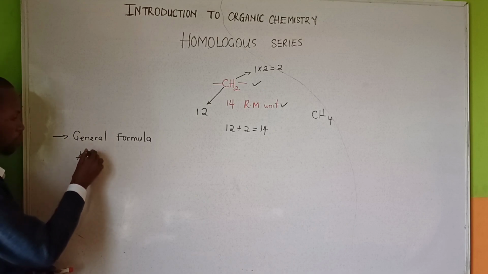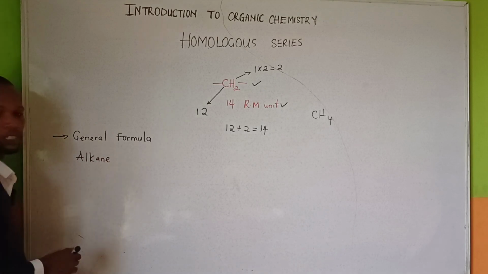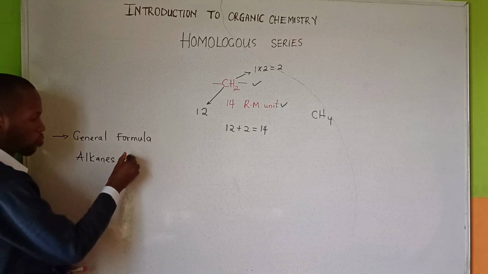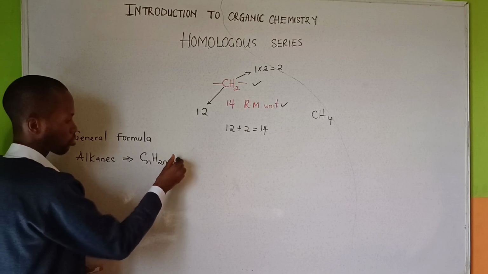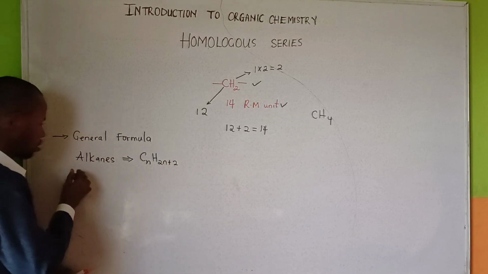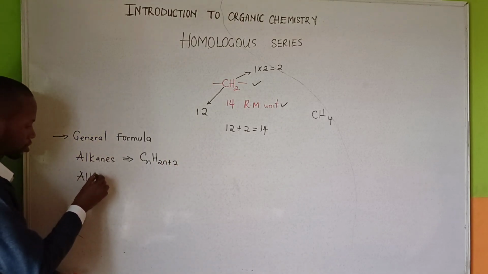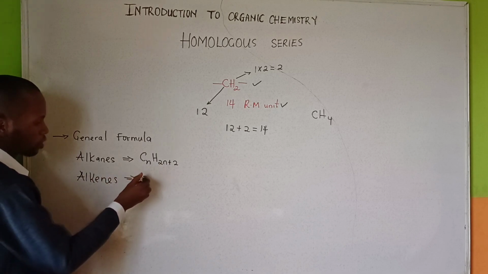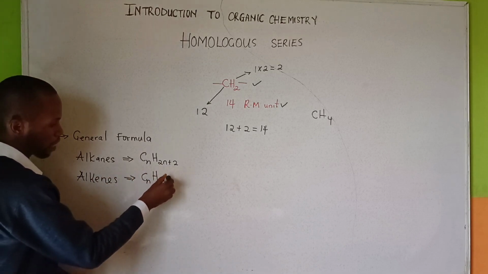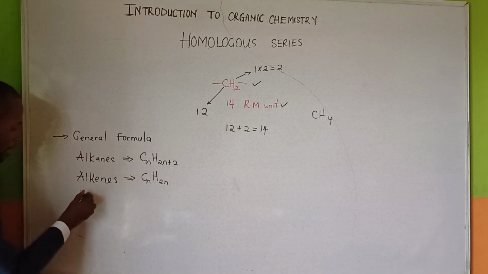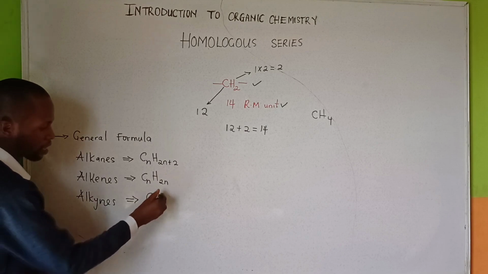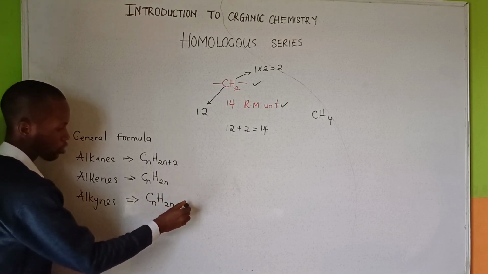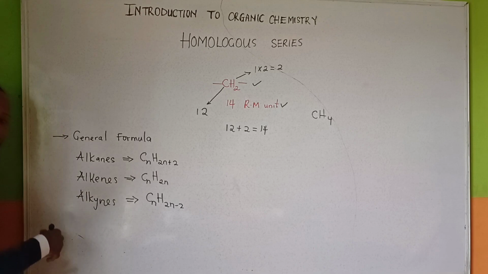The first one, I'll be taking the alkanes with the general formula CnH2n+2. We have the alkenes with the general formula CnH2n, the alkynes with the general formula CnH2n−2.